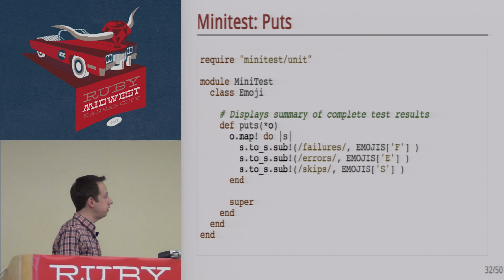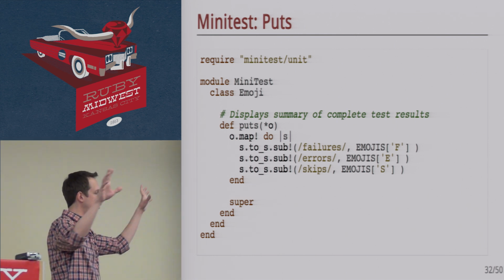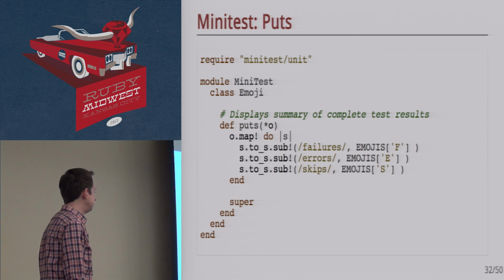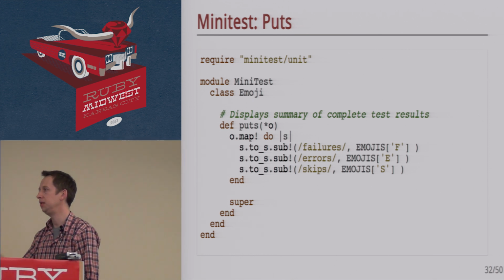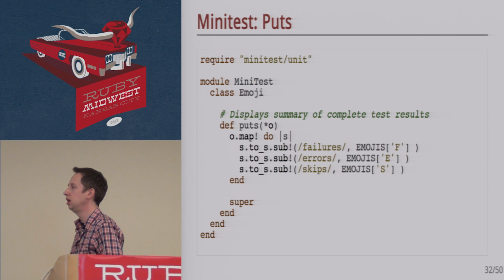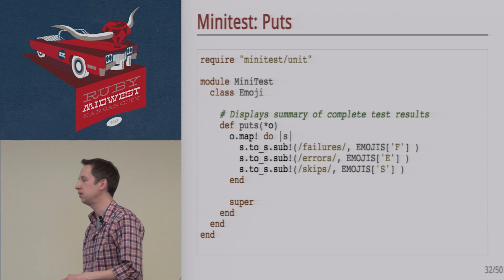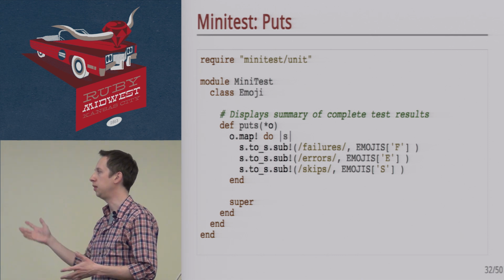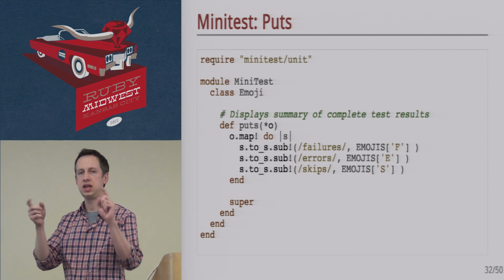All right, puts. In MiniTest, puts means we're displaying the results of running the entire suite. It's essentially taking the parameter that puts gives us, and MiniTest does this for us. All we have to do is take the parameter and replace.